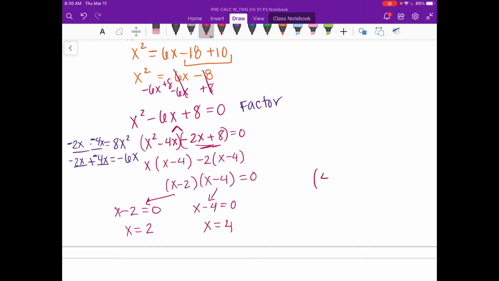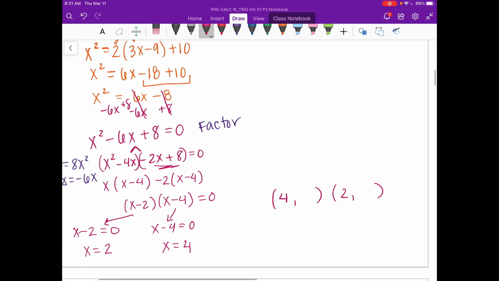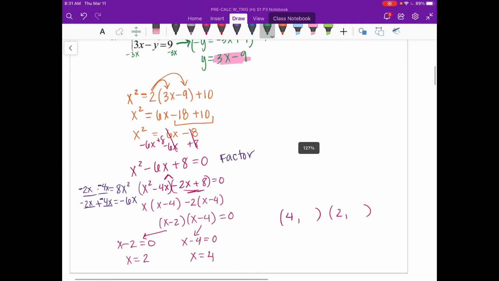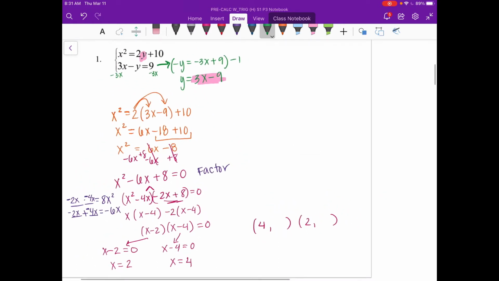One of them is going to be at 4 something, and the other one is going to be at 2 something. Those are the x values I just found. Now I need to figure out what y value they intersect at. So what I'm going to do is substitute these values back into my original problem.